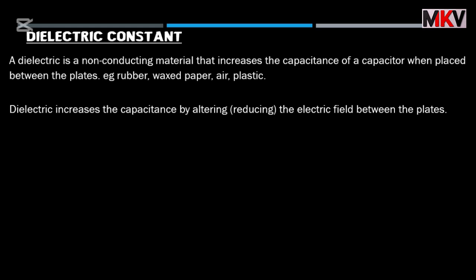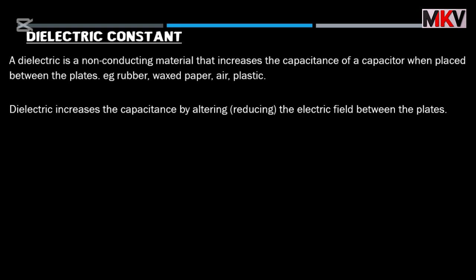A dielectric increases the capacitance by reducing the electric field between the plates. The electric field between the plates is reduced, which therefore increases the capacitance of the capacitor, and this is done by the dielectric material inserted between the plates.